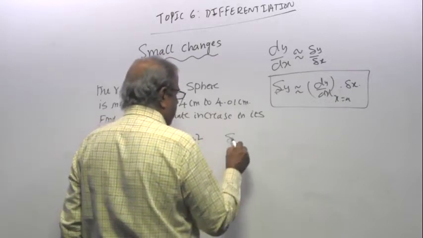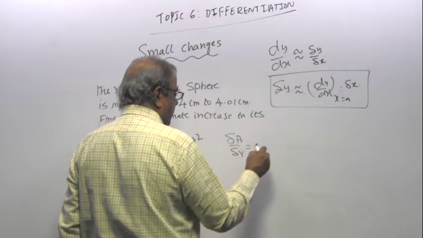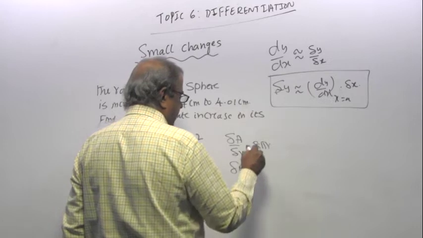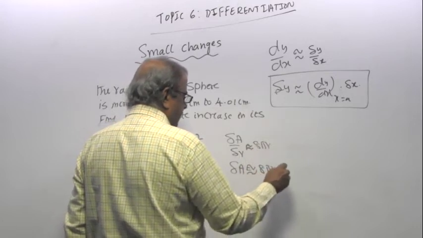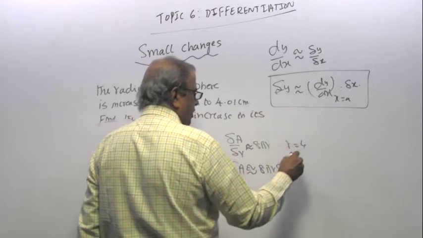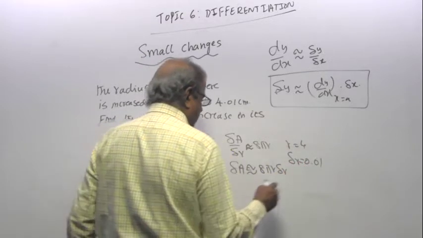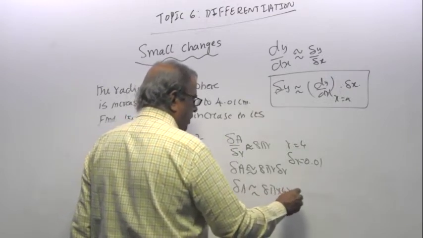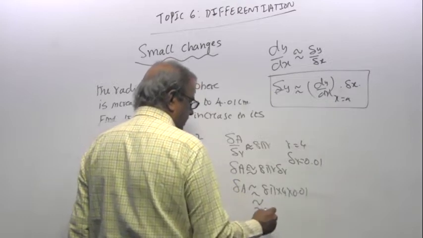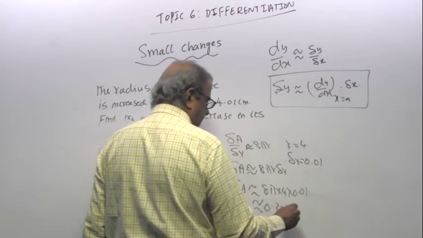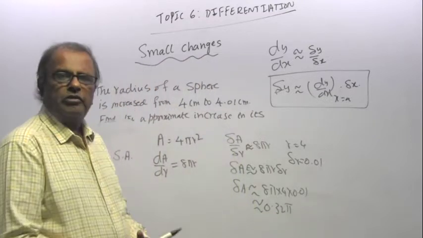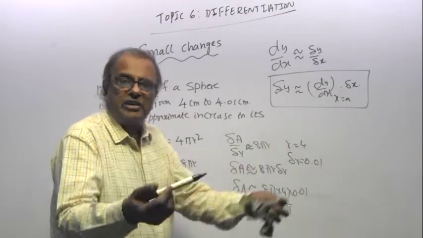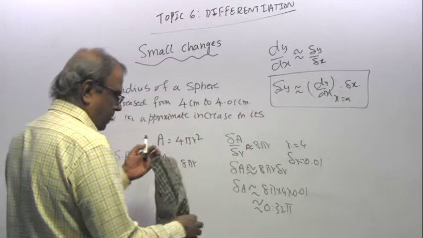Always replace dA by dr by delta A by delta r, which is 8 pi r. So delta A is approximately 8 pi r delta r. You know r is 4 and delta r is 0.01. So delta A is approximately 8 pi times 4 times 0.01, which is 0.32 pi centimeters squared. So that will be the approximate increase in the surface area. Good.